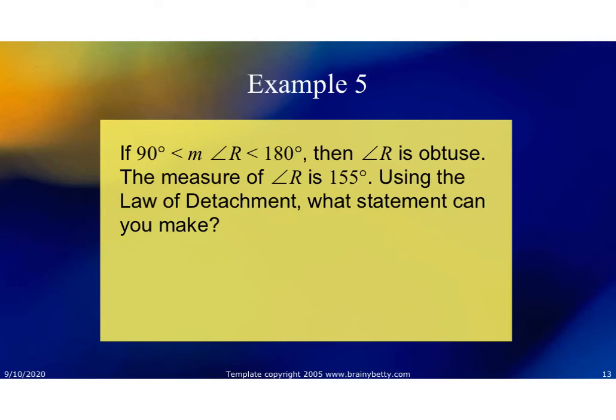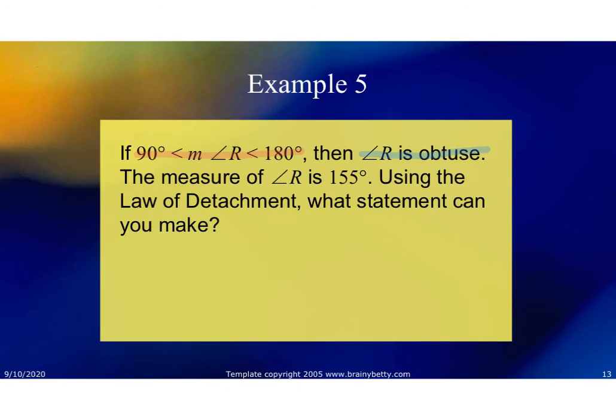Using the law of detachment, what statement can you make? So let's go ahead and locate. This is our hypothesis, and this is our conclusion. So if the measure of angle R lies between 90 and 180, then angle R is obtuse.